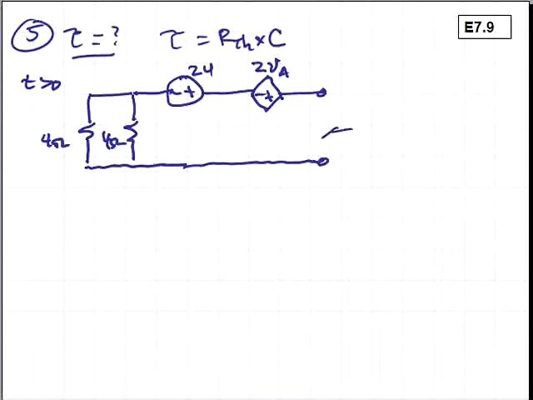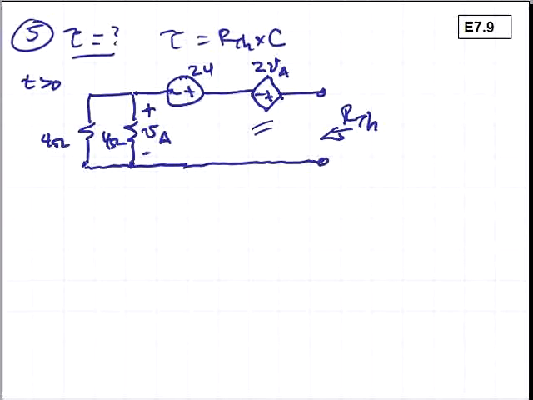So we want to determine the R Thevenin looking into this circuit. This is complicated by the fact that we have that dependent source 2VA in there, where V sub A is defined as the voltage across these two resistors in parallel.